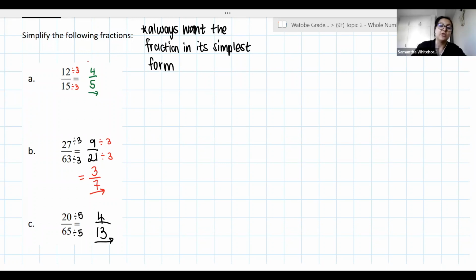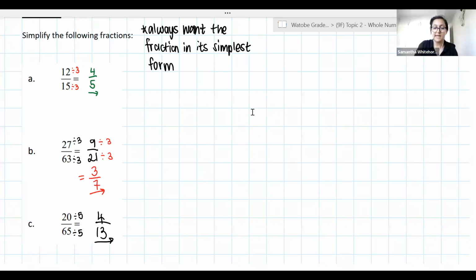Now, what I was going to say earlier is what's really nice is your calculator automatically does this for you. If we type in 27 over 60 and we push equals, our calculator, why did I say over 60? Let's do the actual thing. 27 over 63 and we push equals, our calculator automatically gives us 3 over 7.